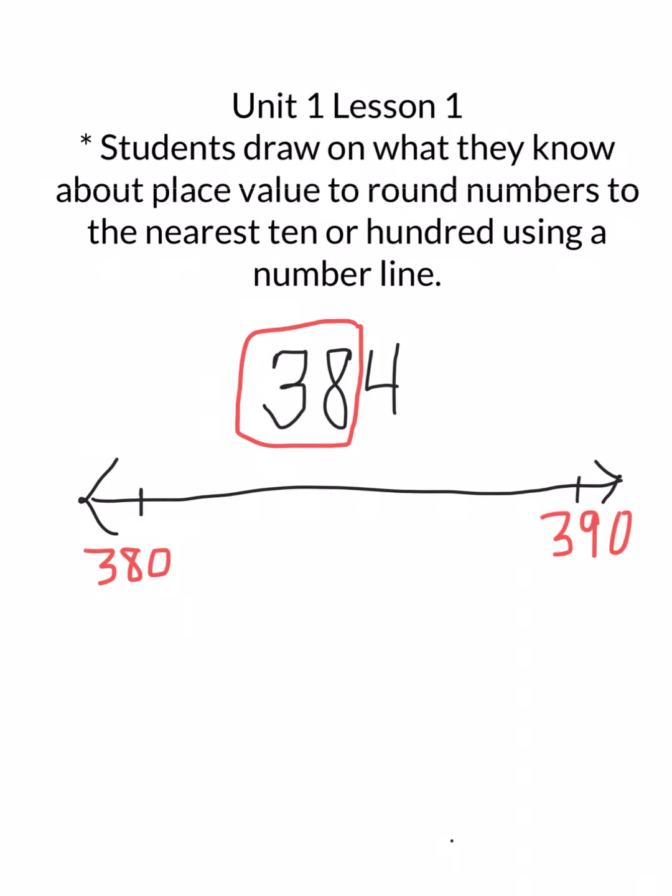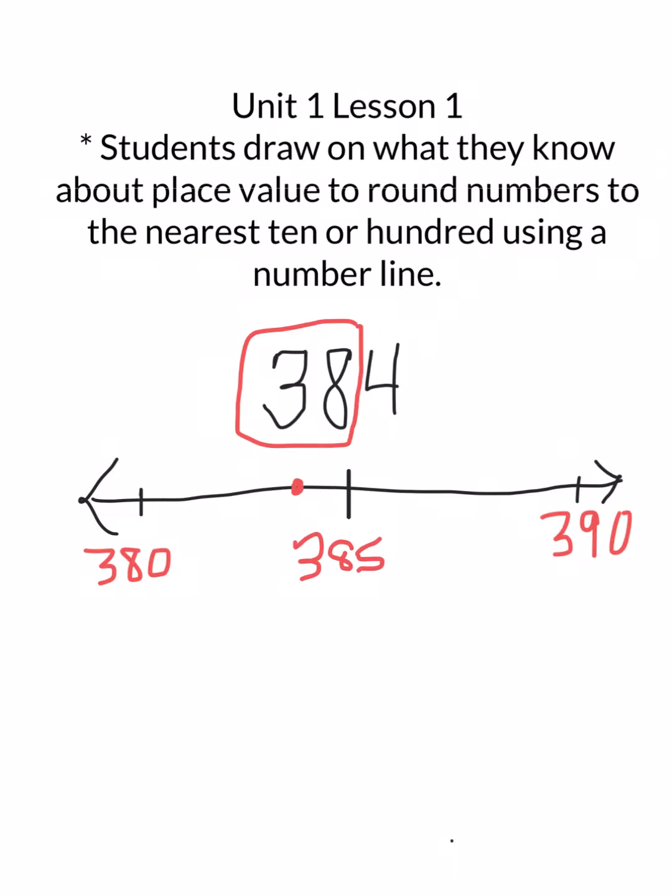The midpoint of a number line that is in increments of 10 would be 5. Therefore, 385 would be the middle number. Step 3 is to locate which side of the middle line 384 would be labeled.